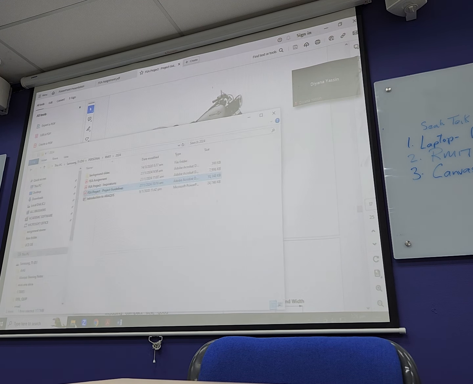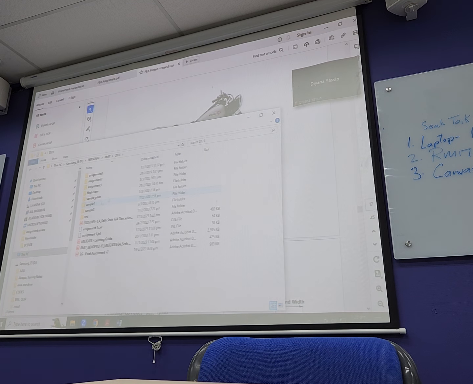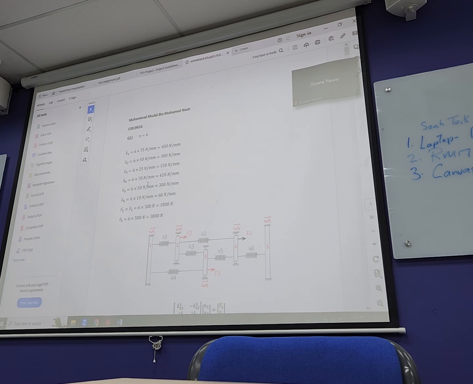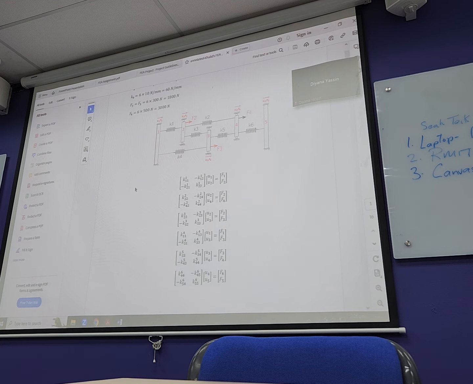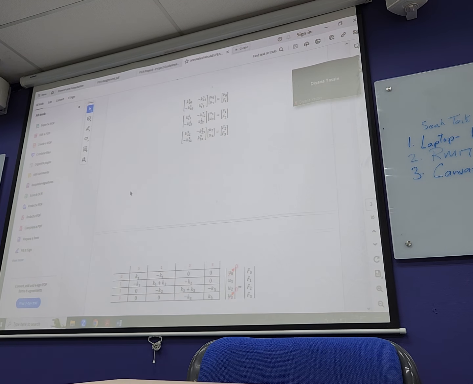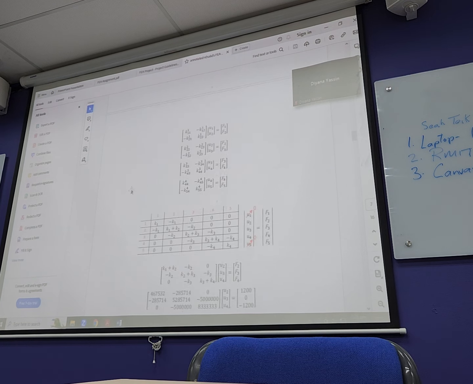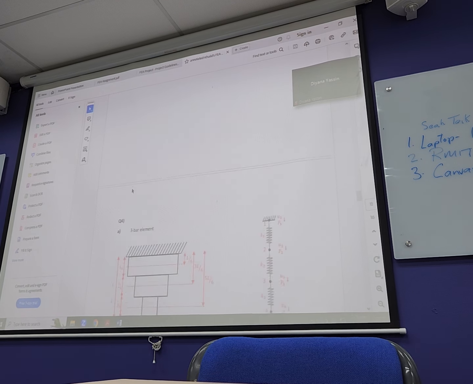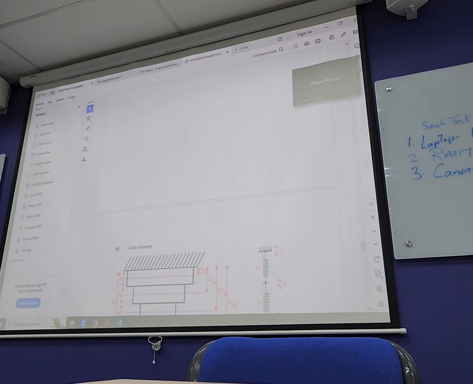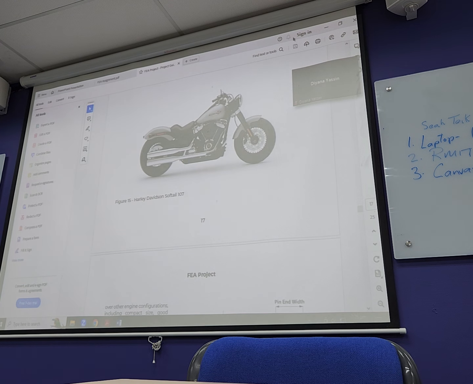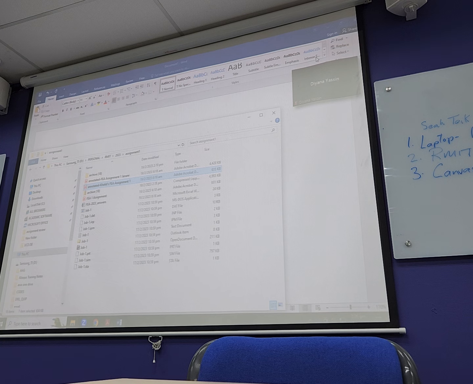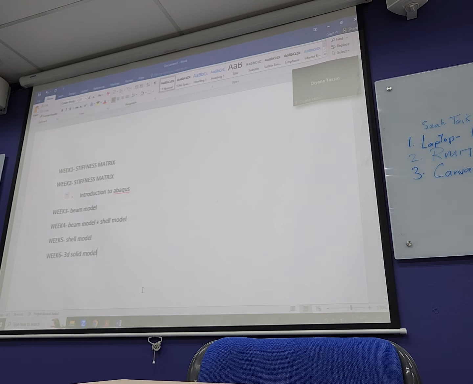Let me show you what they did last year. So this is last year's assignment 1. By the second week, you must be able to do this already. The second week means next week. Last year, there were 3 assignments. Assignment 2 is on the beam and truss model.